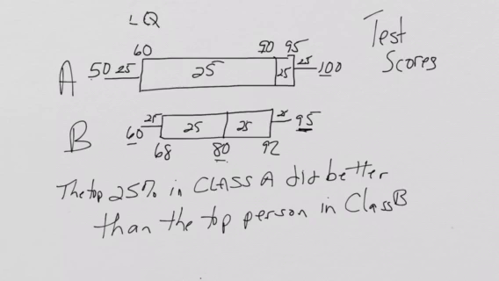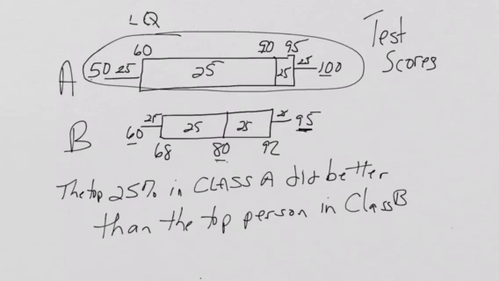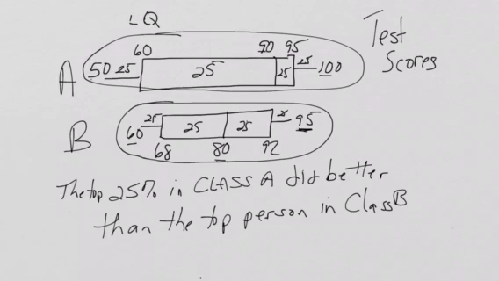Other observations I might make, Class A's scores are way more spread out. They have a range of 50. Class B only has a range of 35. What does that mean? Class B scores were closer together. If we look at the interquartile range, that's that middle box, Class A's interquartile range was 95 minus 60, which is 35.